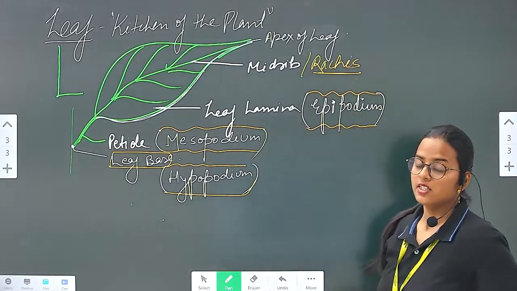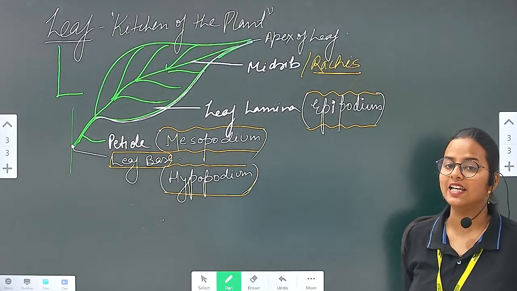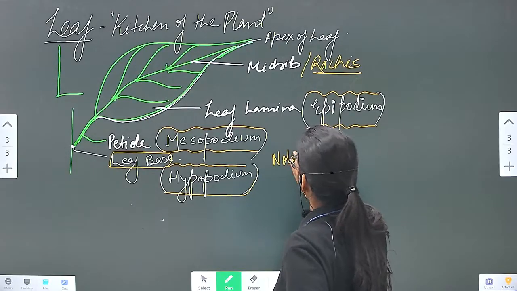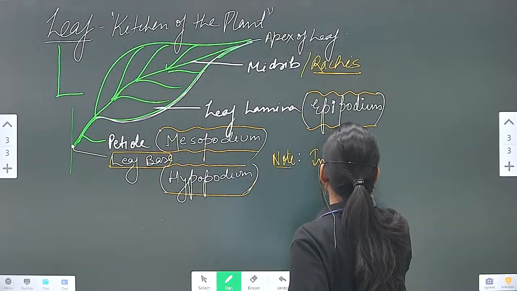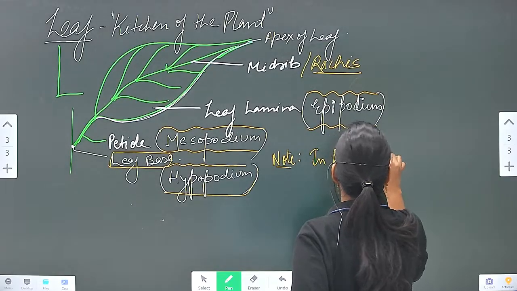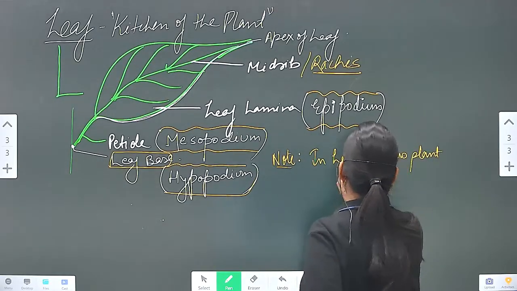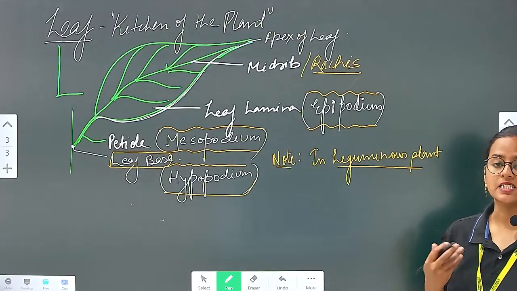Okay. Now my dear students, you will see in some of the leguminous plants, it is very important to note here. What are the leguminous plants? The pulses, pea, groundnut, cereals.